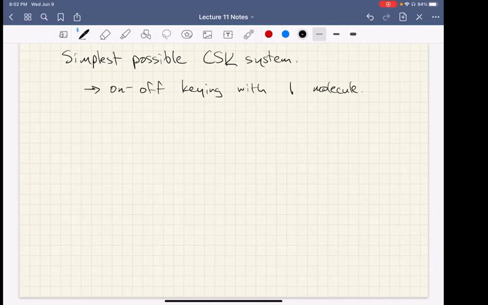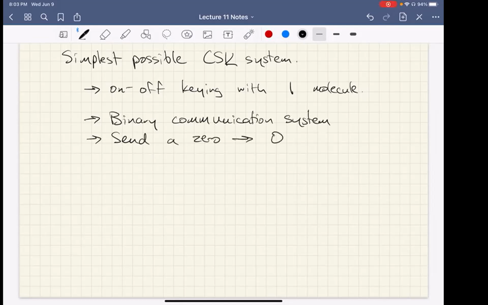This is a binary communication system. If we want to send a 0, then we're going to send 0 molecules.